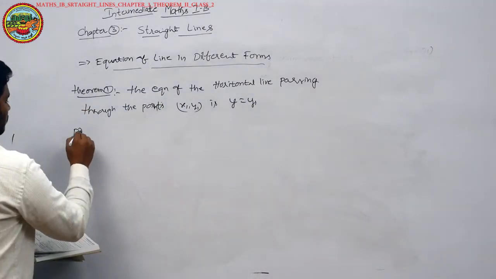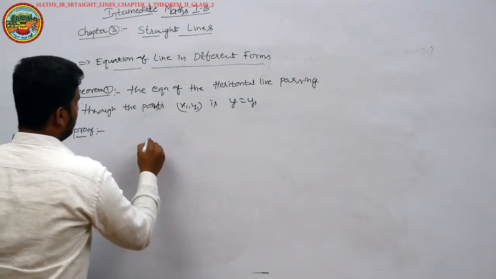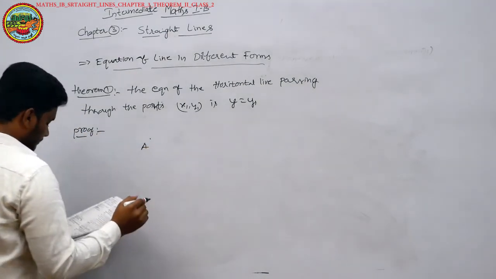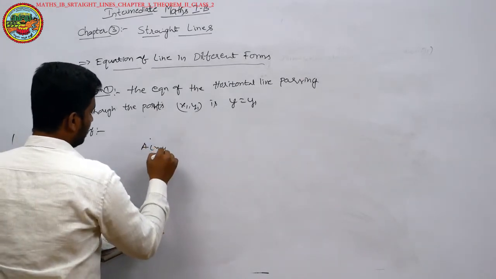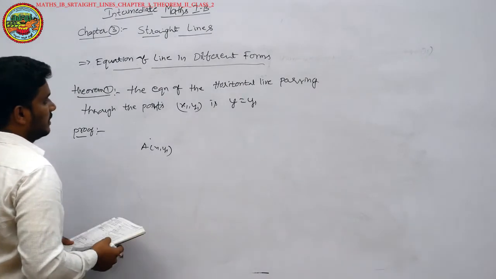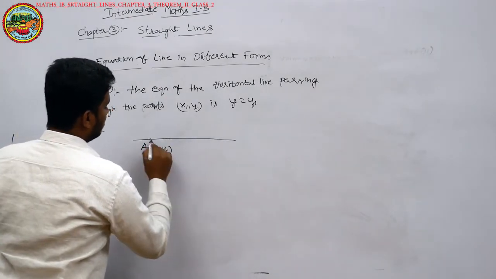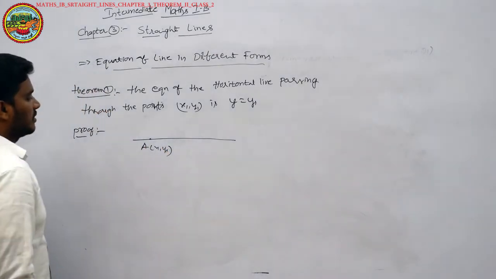Proof: here's the point A, x1 comma y1. We have to find the line which is passing through this point x1 comma y1.